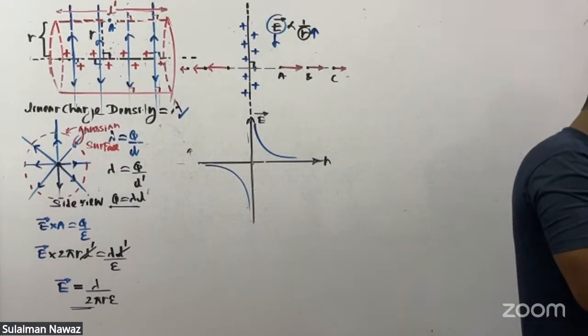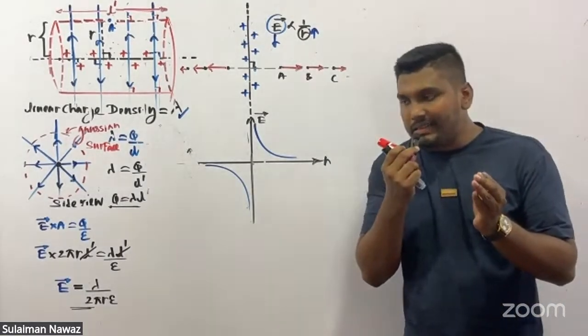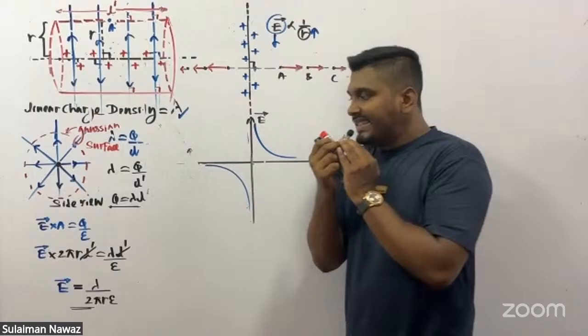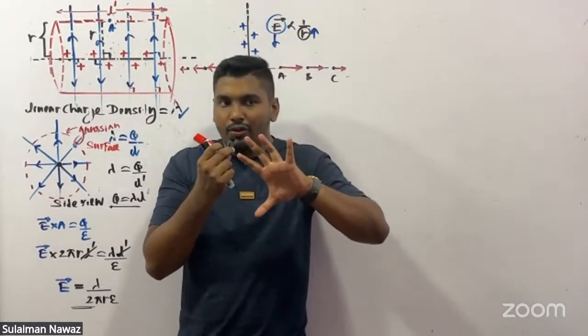Hollow conductive cylinder. As I already explained, when you consider conductors under electrostatic conditions, remember the charges.